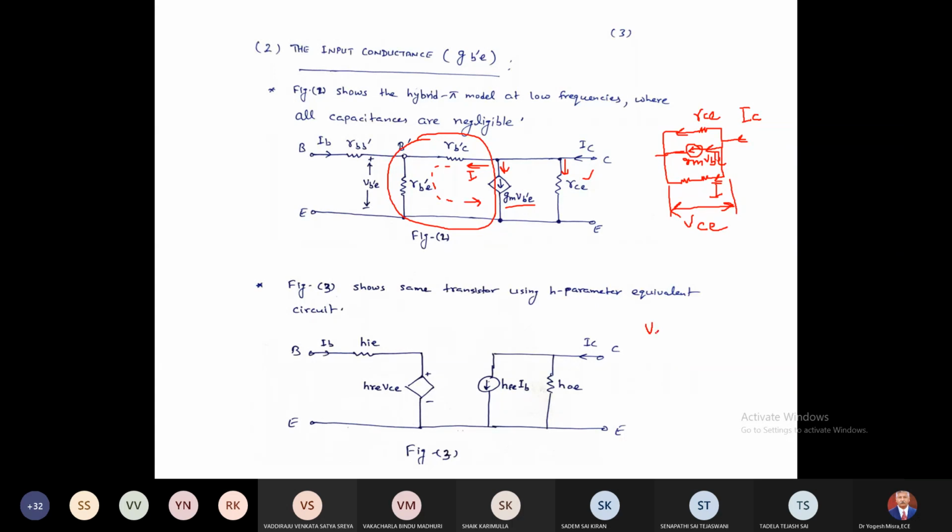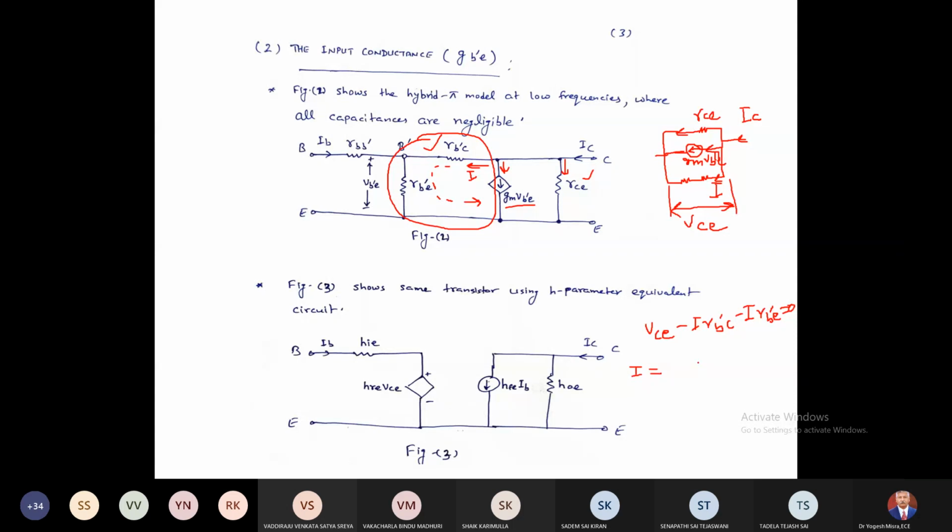We can write, if we apply KVL in this loop, VC minus I RB'C minus I RB'E is equal to 0 in this loop, right? And from here I will find out the expression of I.